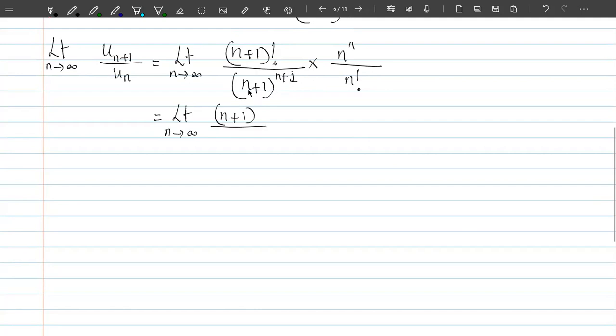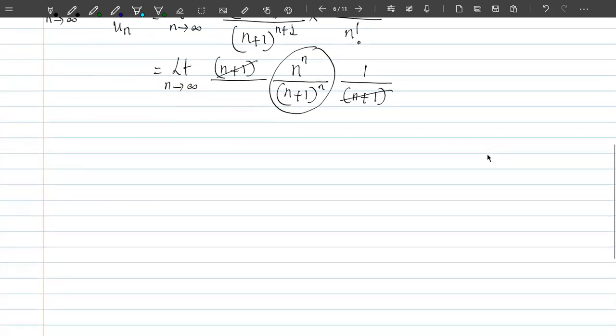You can write (n+1)^(n+1) as (n+1)^n into (n+1)^1. I can combine these two terms together and also cancel this n+1 with this n+1.